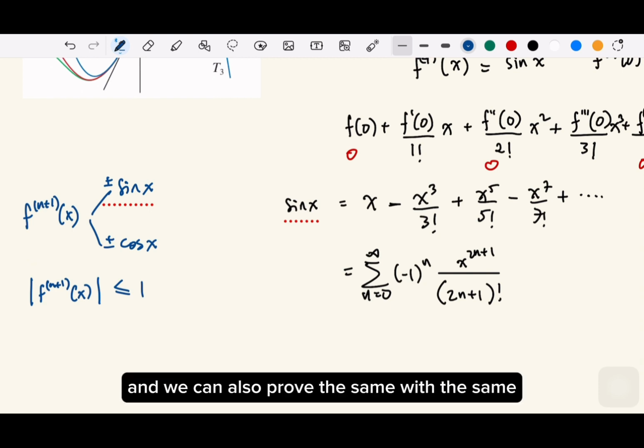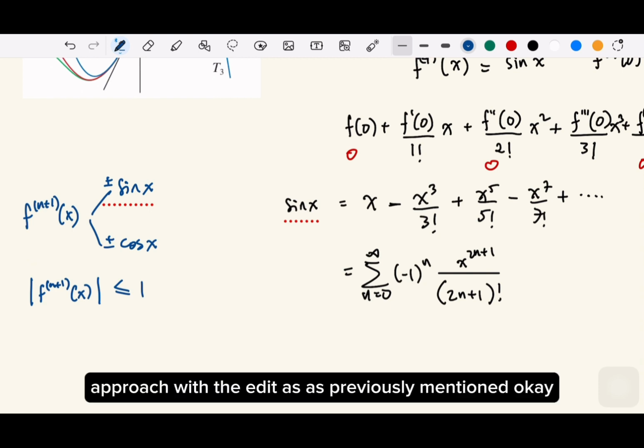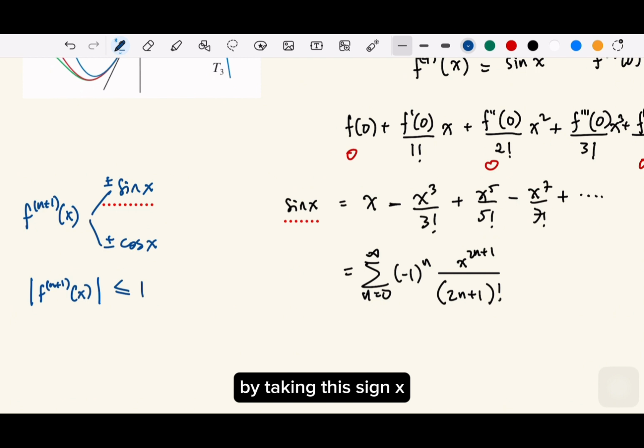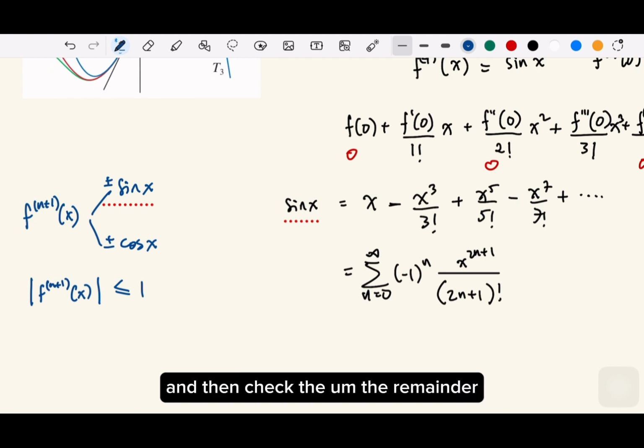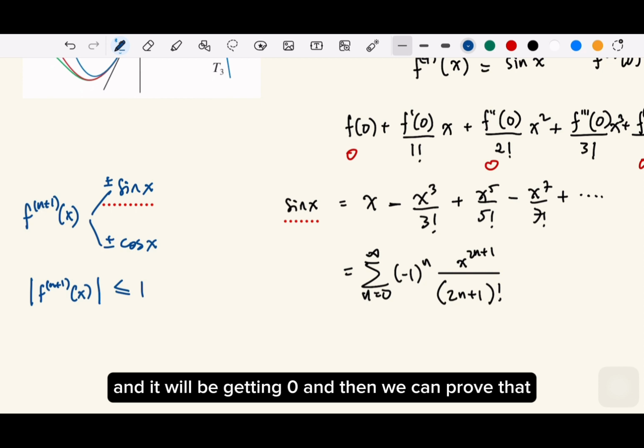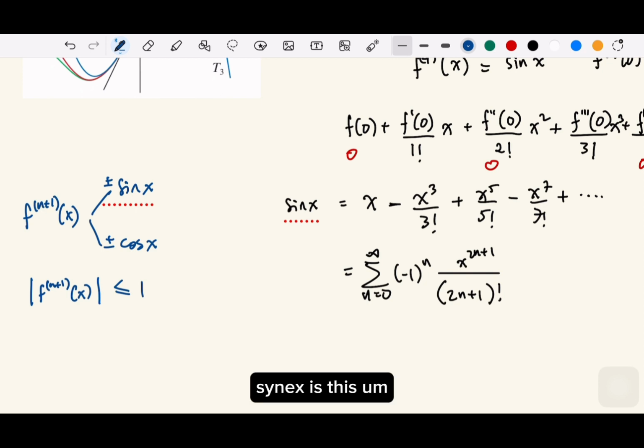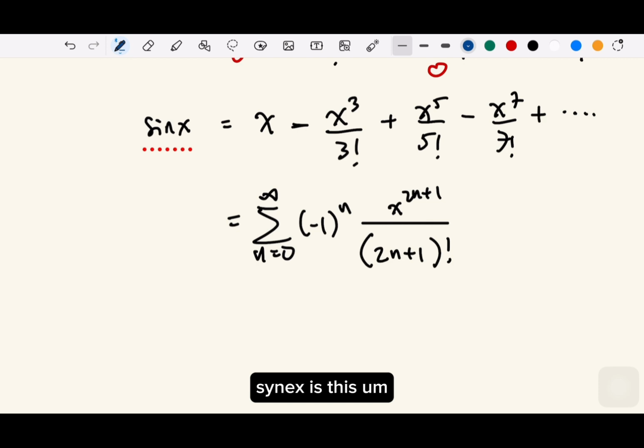We can also prove this with the same approach as with e to the x, as previously mentioned, by taking this sine x and then checking the remainder, and it will be getting 0, and then we can prove that sine x is this series. So we can also prove that.